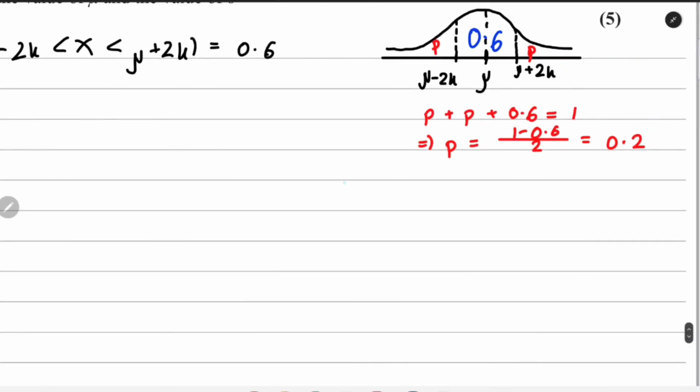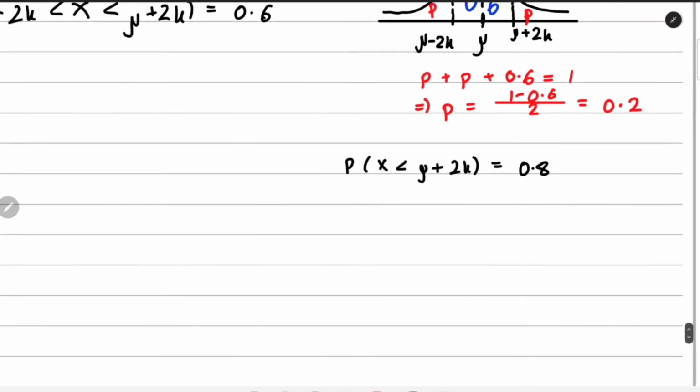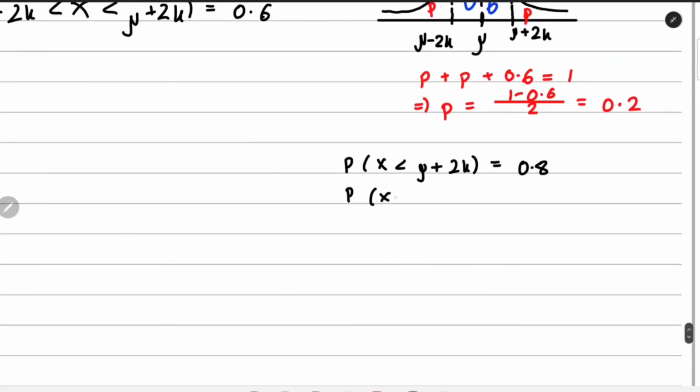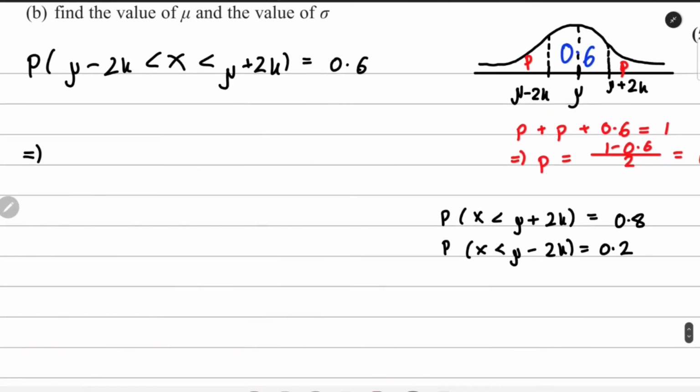So now we'll have the probability of x being less than mu plus 2k to be 0.8 and the probability x less than mu minus 2k would be 0.2. So we convert them into z.